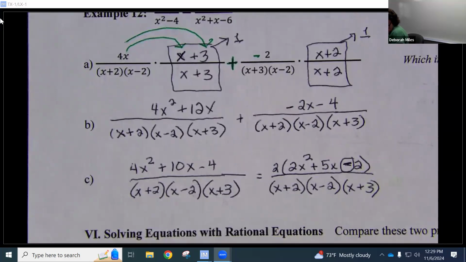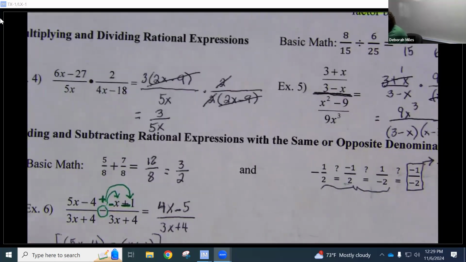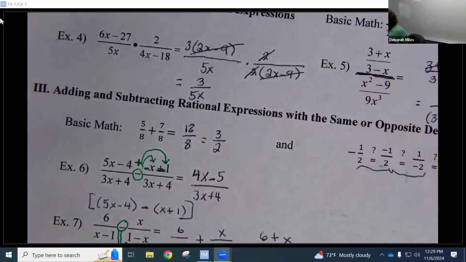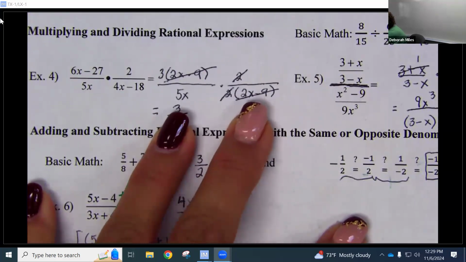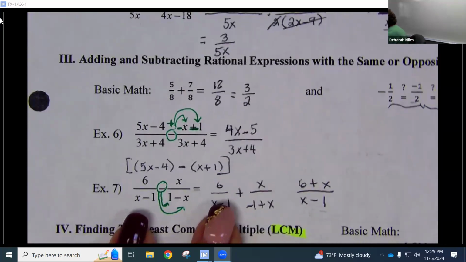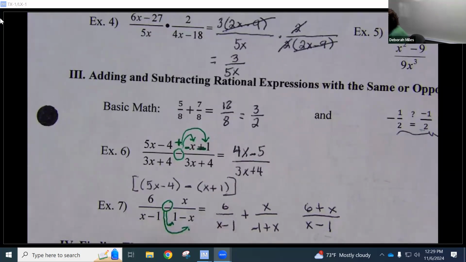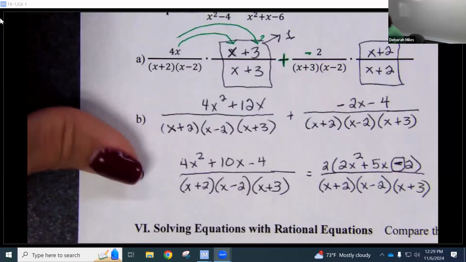In my opinion, 2 hardest things that we're covering today, I don't think the reducing, the multiplying, and dividing is difficult as long as you can factor. Adding and subtracting, as long as you have the same denominator or just opposite denominators, that's pretty easy. But you can see that this process was kind of intense.